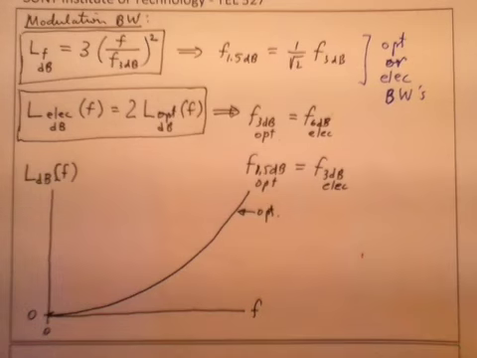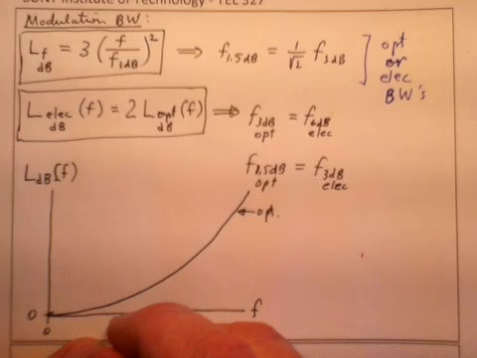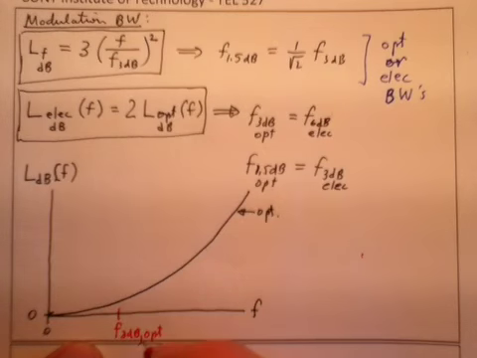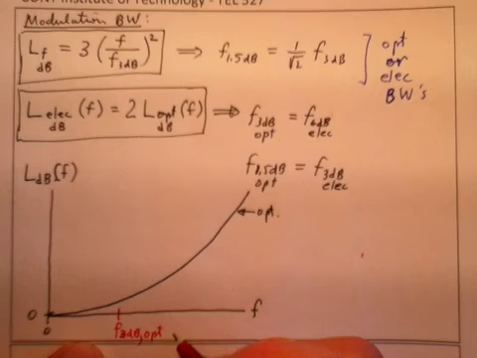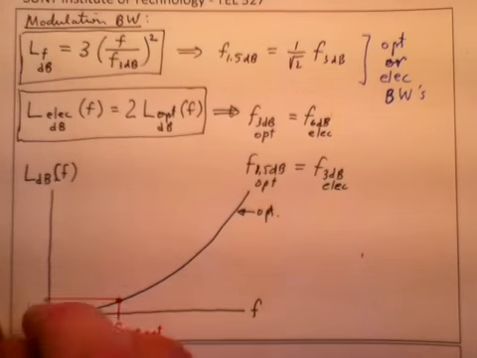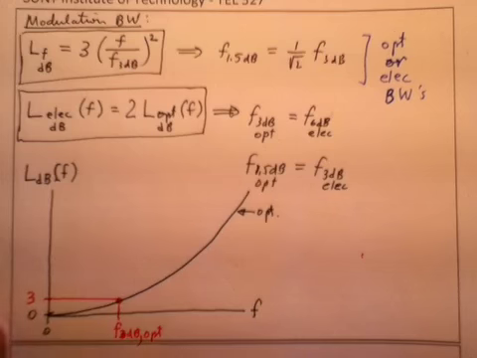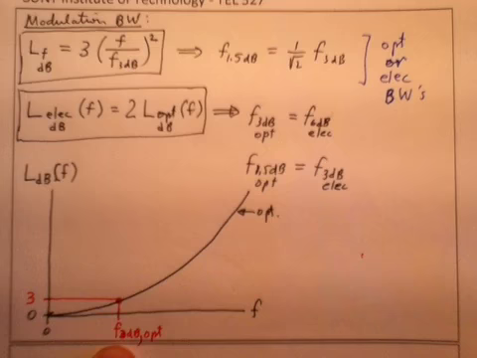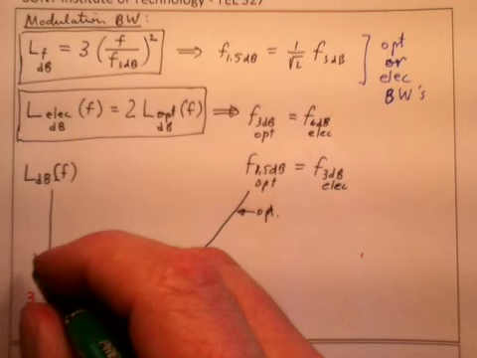So if I go here to F 3 dB optical, then I go up here and I'm going to get 3 dB. But when I go to F 3 dB optical, I better go up to 6 on the electrical side.